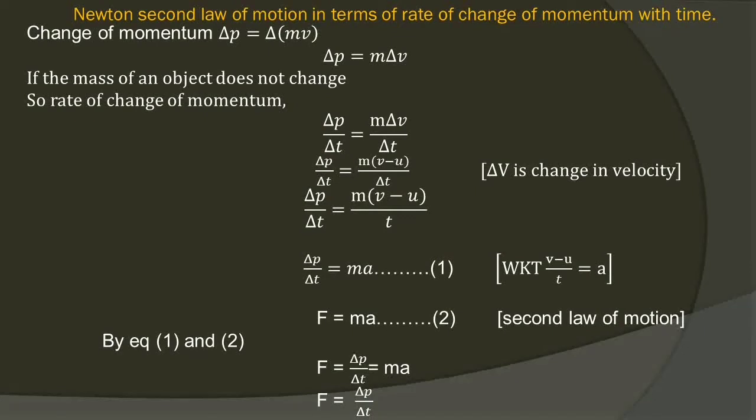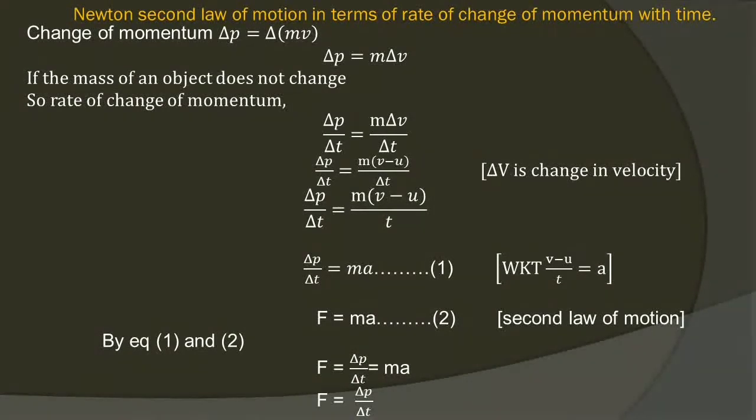But in the majority of real situations, the mass of an object does not change. So in this condition, the rate of change of momentum will be del p upon del t is equal to m del v upon del t. Clear?